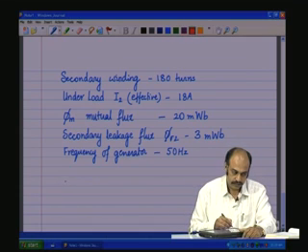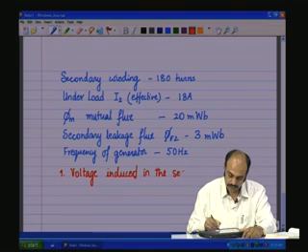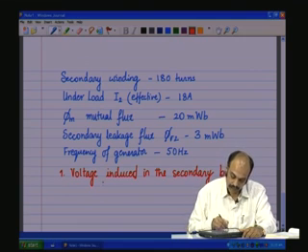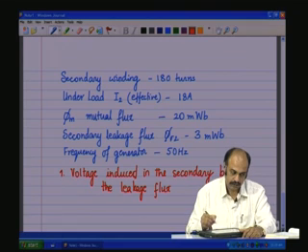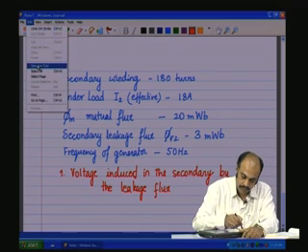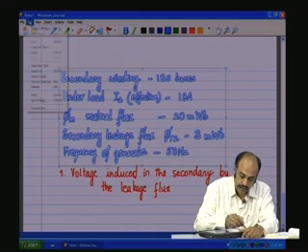Let us find first the voltage induced in the secondary by the leakage flux as the first step. So, what is the voltage induced in the secondary?